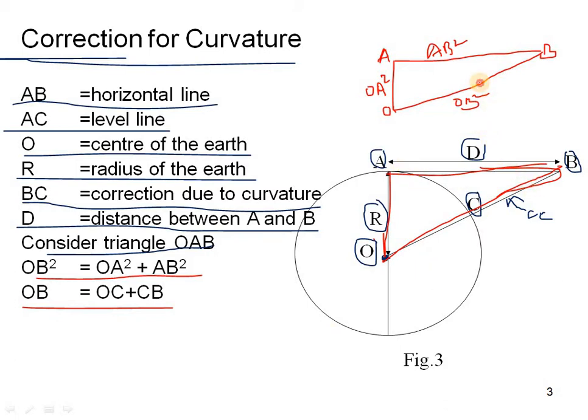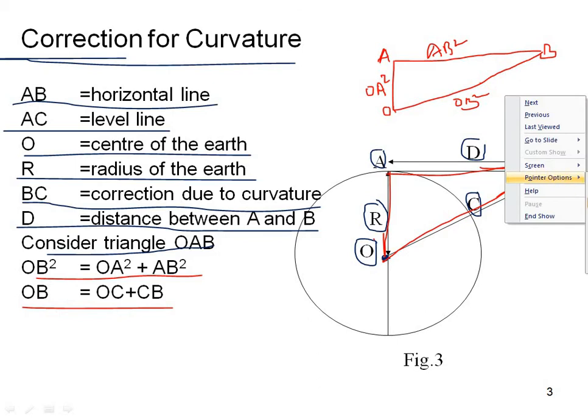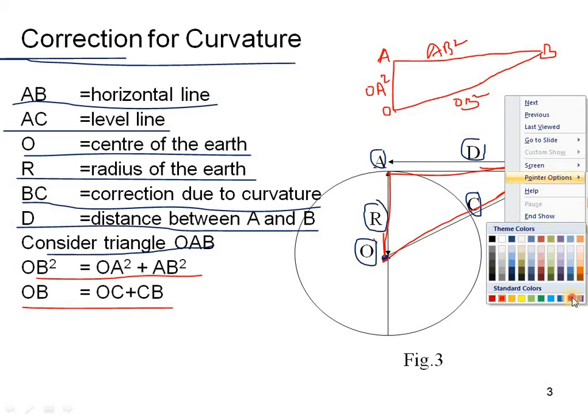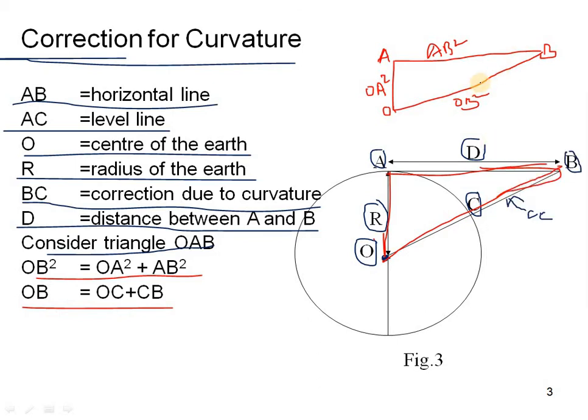In the middle of the portion, that is nothing but OC plus CB. So our earth curvature determines like this. It will be coming like this. So this portion is called C. This is the portion called level line.